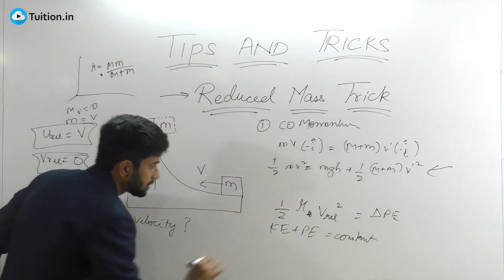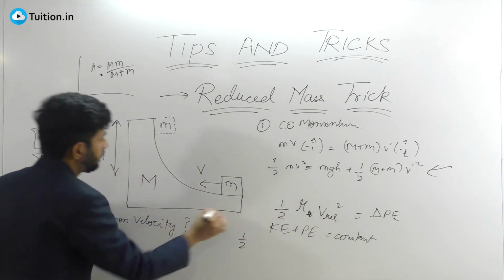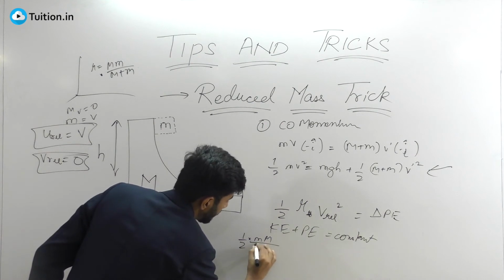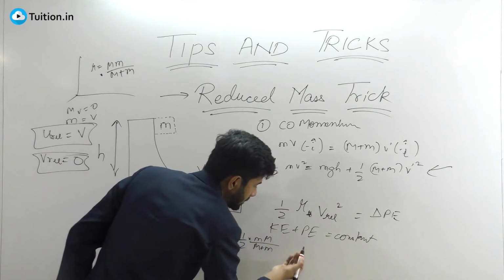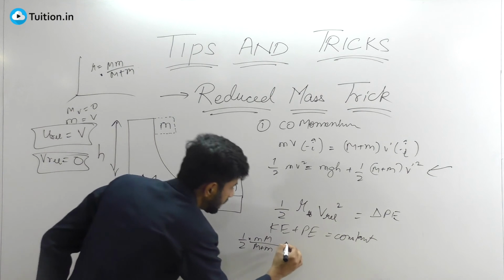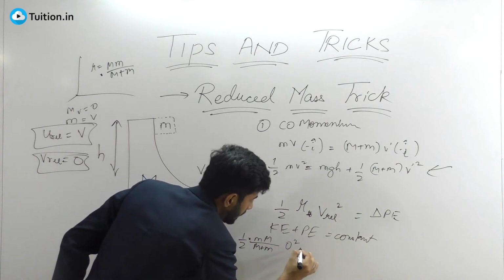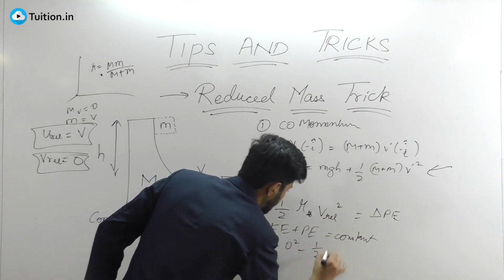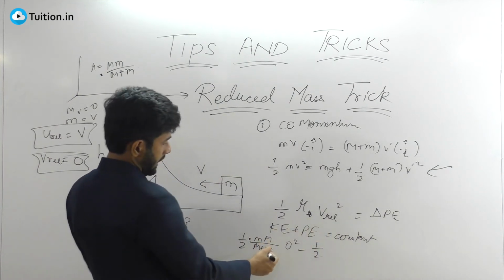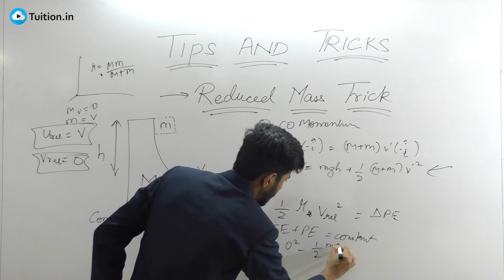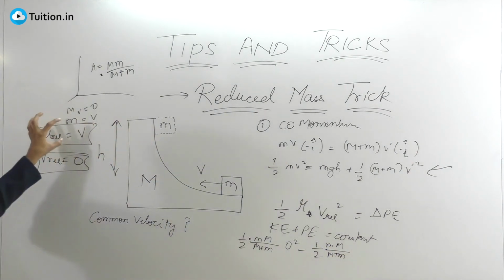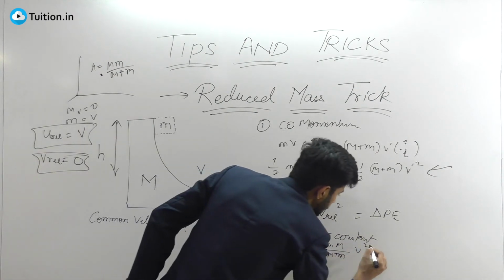Now I'll simply use half into mu, where mu is Mm by (M plus m), into the final v relative, which is 0 square, minus half into Mm by (M plus m) into the initial u relative velocity, which is v square.